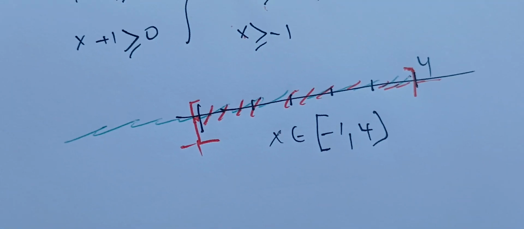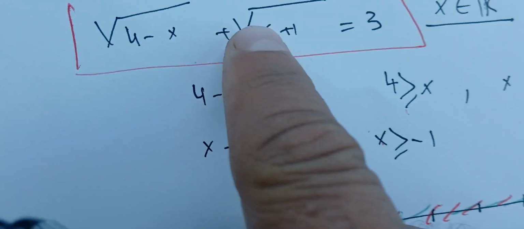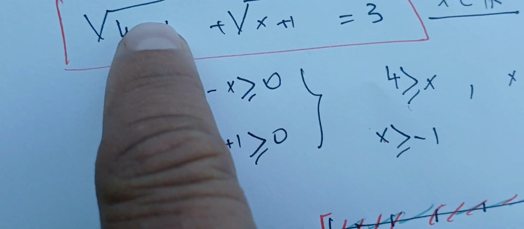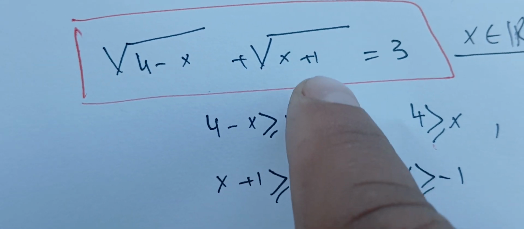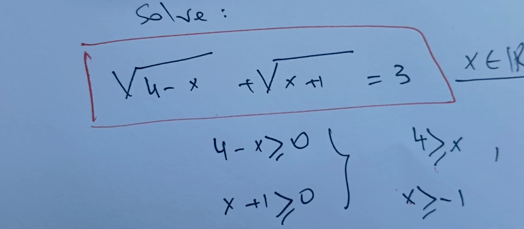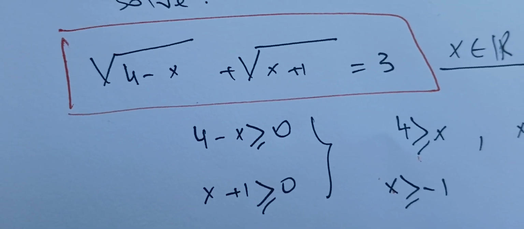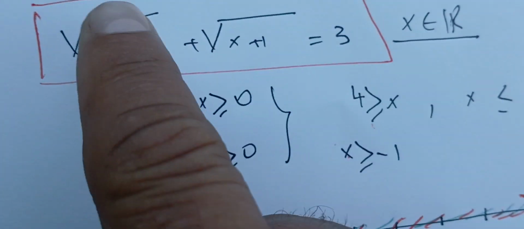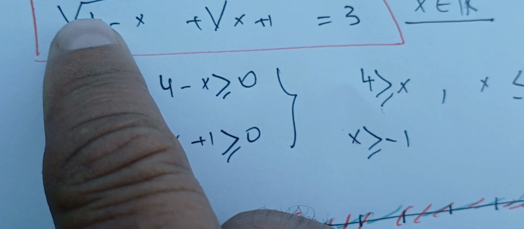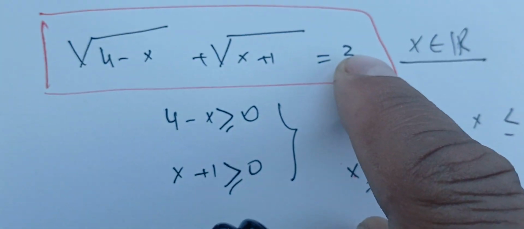We can also see clearly that 0 is a solution, because if we plug 0 here... Why I'm saying that 0 is a solution, because sometimes you see the solution and it can be the only one. You should teach yourself how to see the solutions. So if you plug 0 here, you get square root of 4 is 2 plus square root of 1 is 1, which is 3.